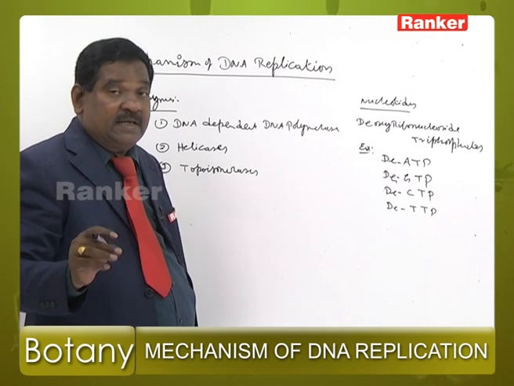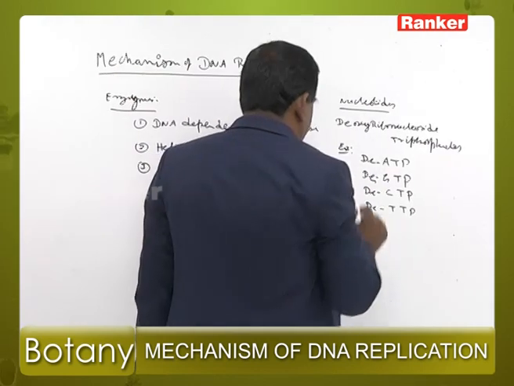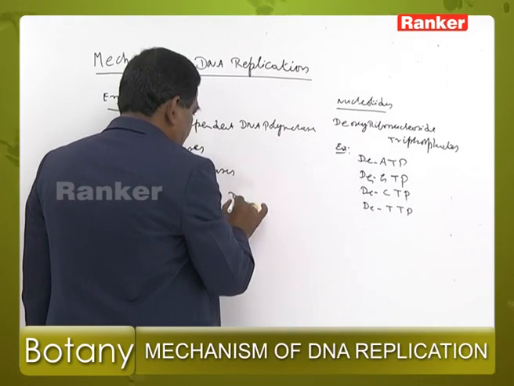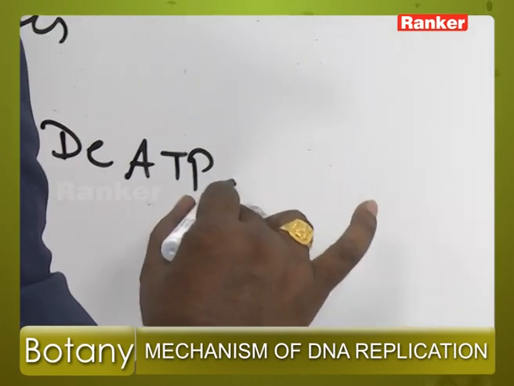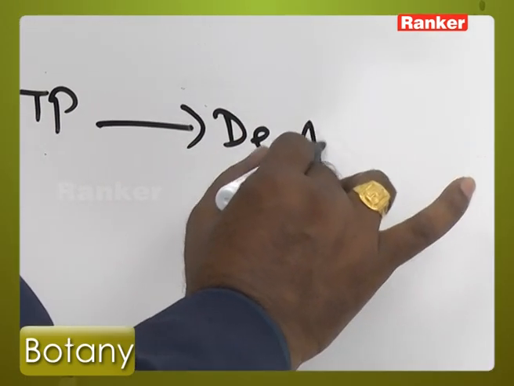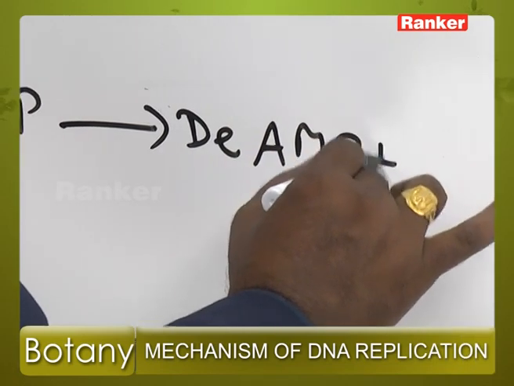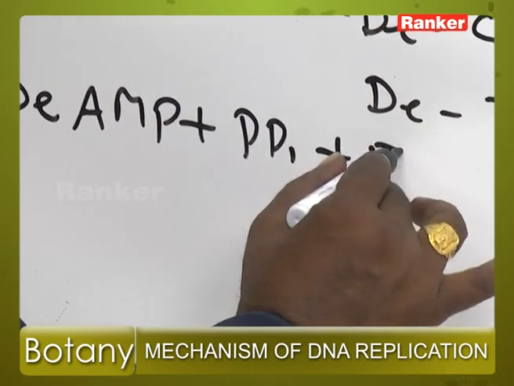How do they provide energy? For example, here ATP, deoxy-ATP. It hydrolyzes into deoxyadenosine monophosphate plus PPi plus energy.